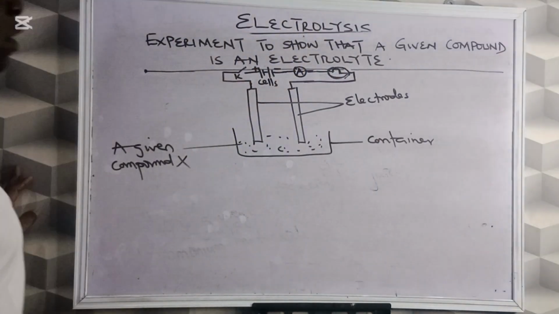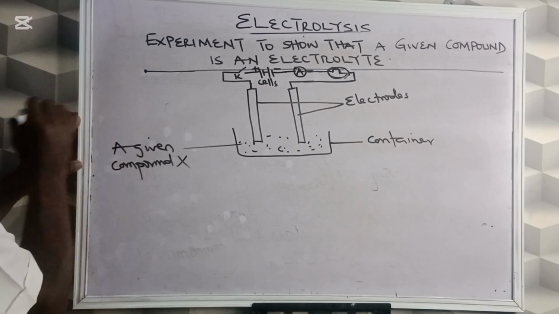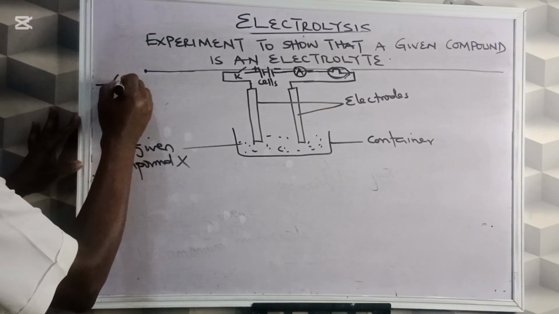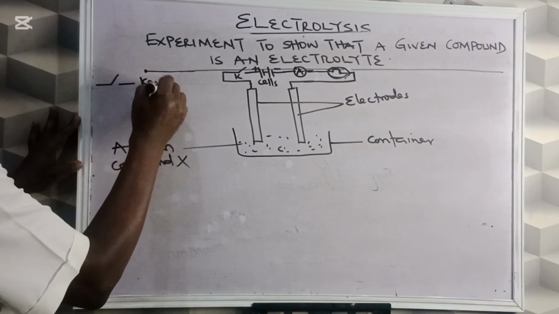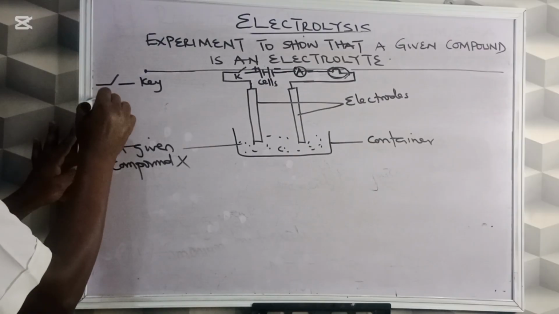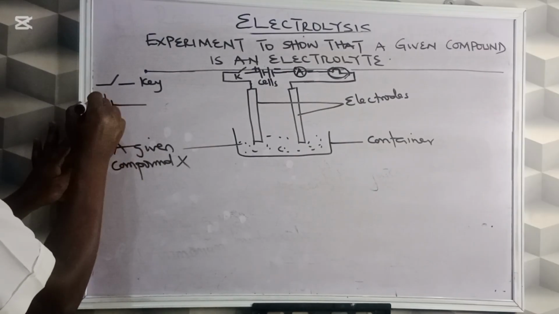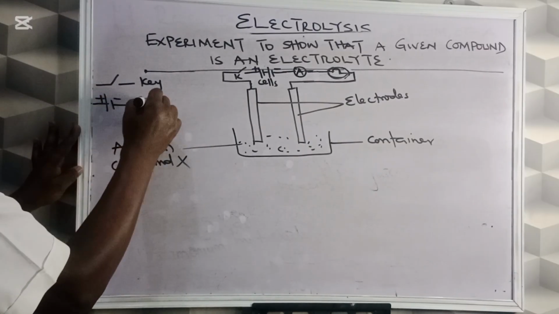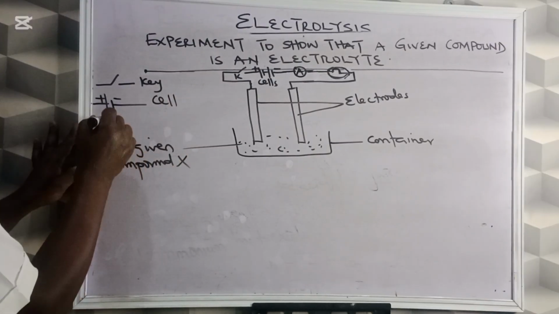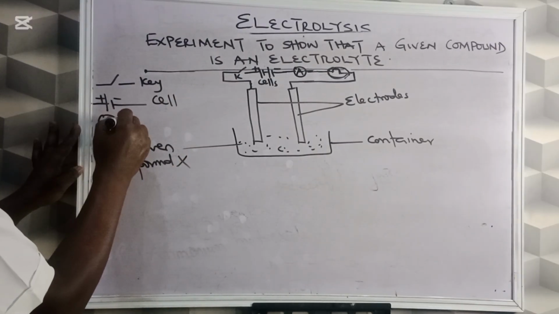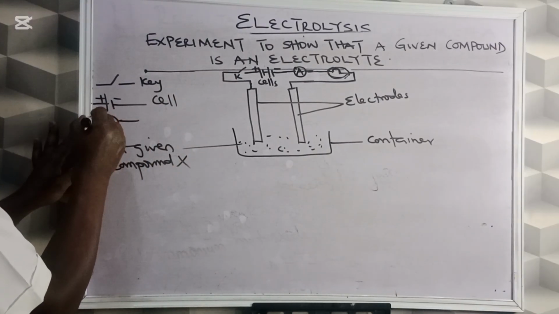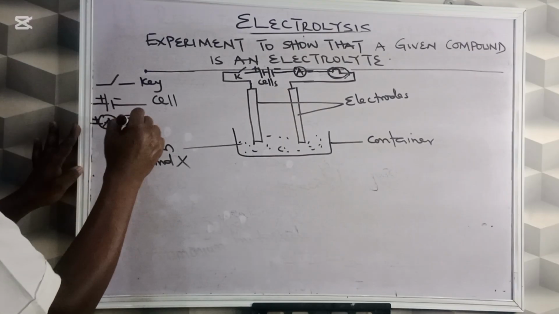So this is the diagram. Anywhere you see this in physics or in chemistry, this represents the key. Anywhere you see this, the positive plate is longer; this is the cell. This is the sensitive zero ammeter.